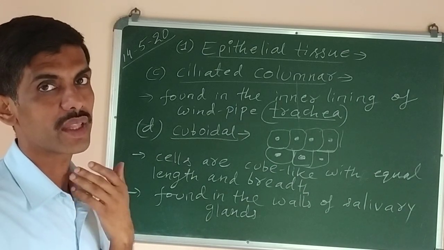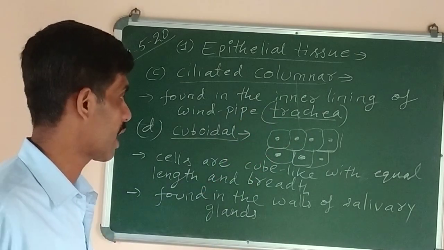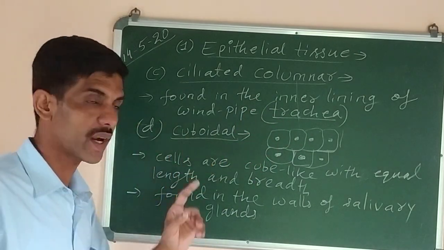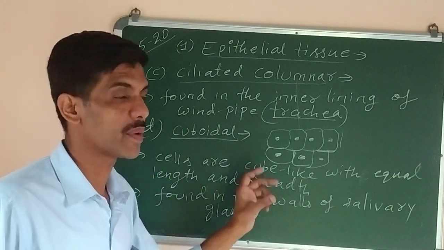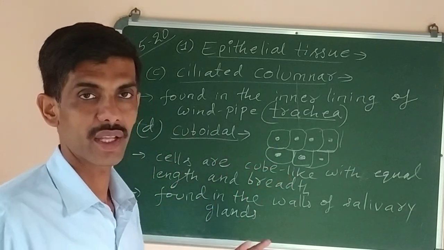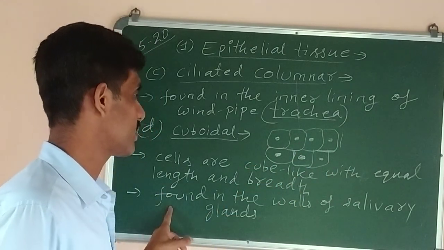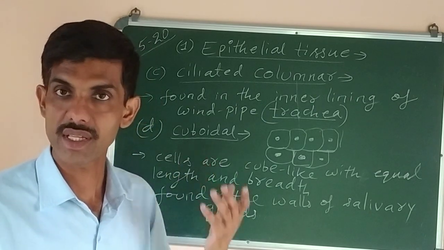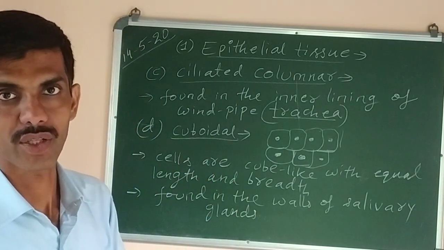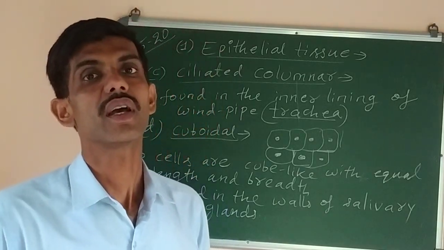So it is found in the inner lining of our windpipe, which is also called trachea. Then we studied the cuboidal epithelial tissue. It is made up of cube-like cells, that is, equal in length and breadth. Okay, and where is it found? It is found in the walls of salivary glands, the ones which produce saliva that helps in the digestion of food. So this much only. In the next class we can continue with the connective tissue.